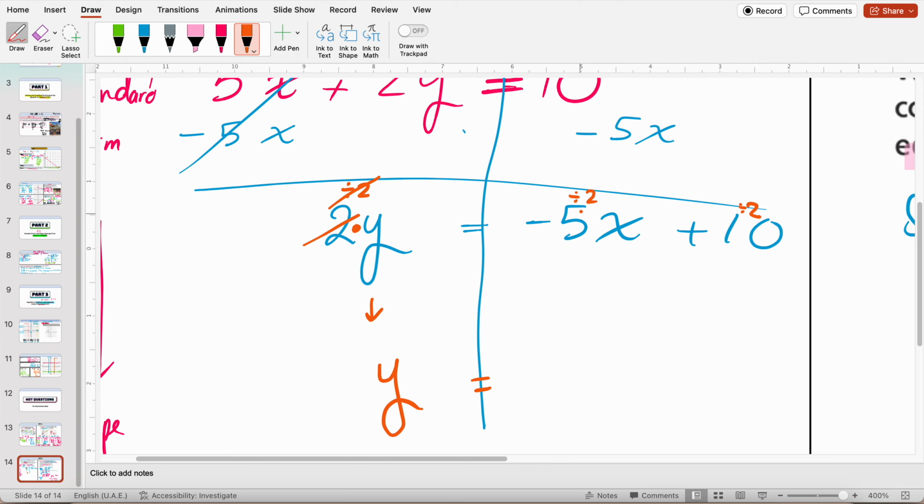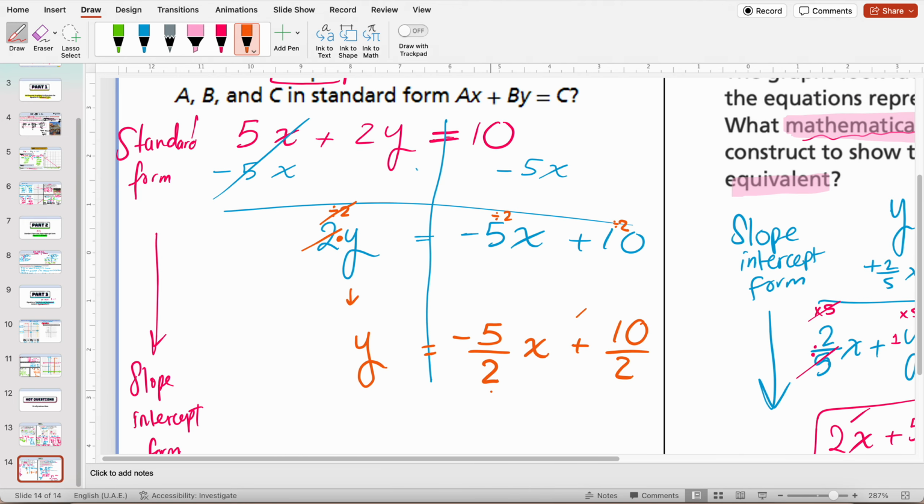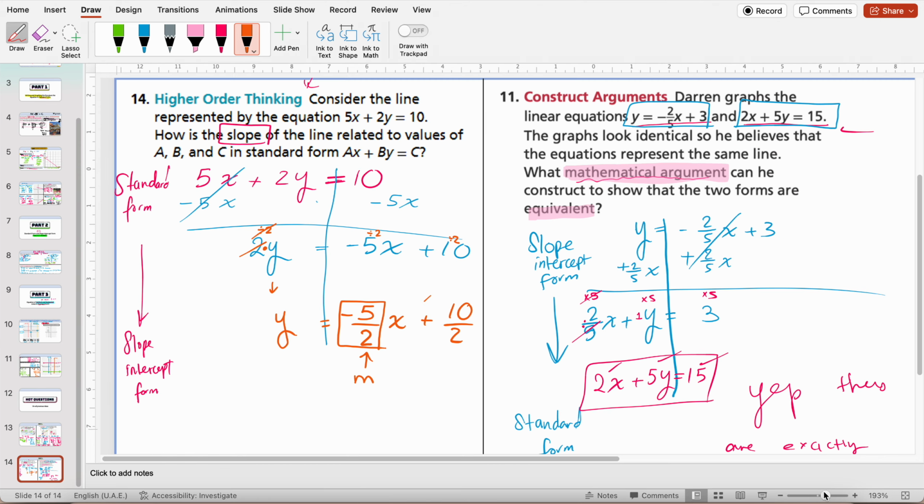Here I will have 5 divided by 2. I can write it as 5 over 2, but negative, okay? X. Here I have 10 divided by 2. I can write it also as 10 over 2. Now I can see clearly that this is the slope, negative 5 over 2.